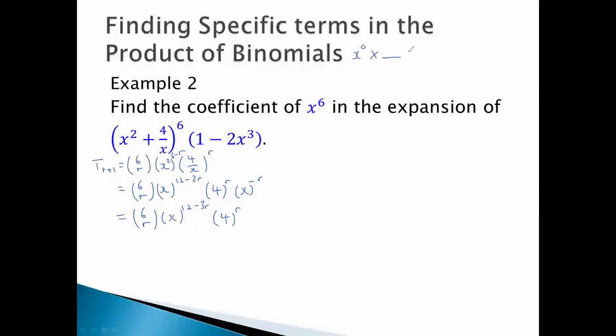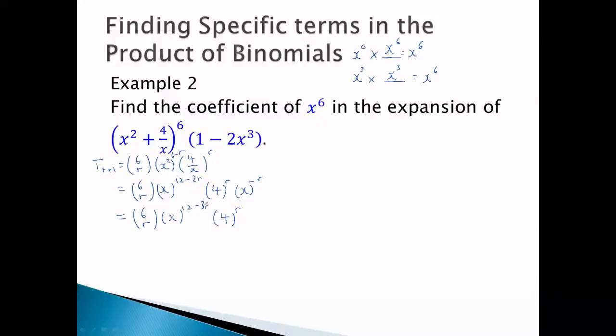And then also for minus 2x cubed, what power of x do I need to get x to the power 6? So by laws of indices, I need x to the power 6 because 0 plus 6 equals 6. And I need another x cubed because 3 plus 3 equals 6. So I need an x to the power 6 term and an x cubed term.